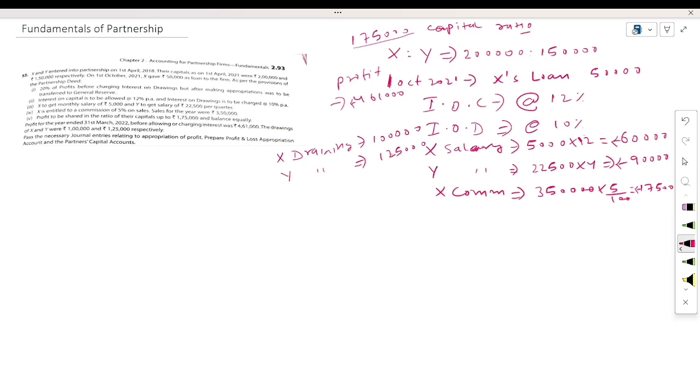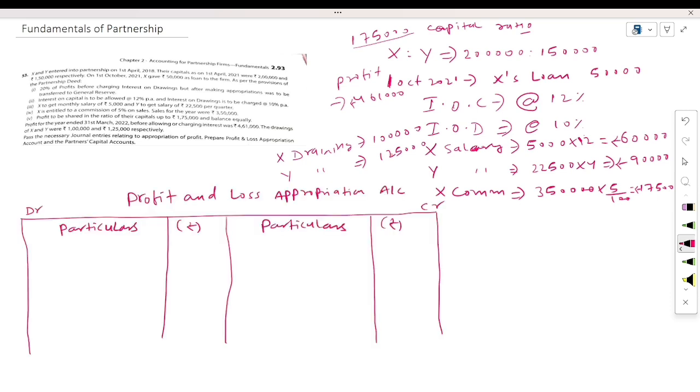We will only make the profit and loss appropriation account and partners' capital accounts. So first of all, we will learn the preparation of the profit and loss appropriation account. We will also explain the journal entries.